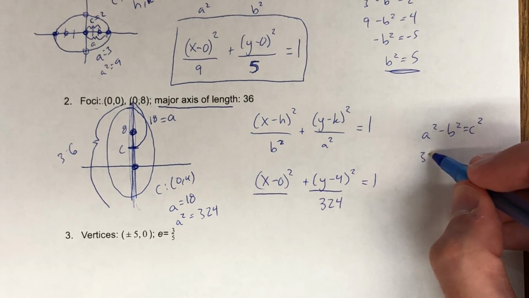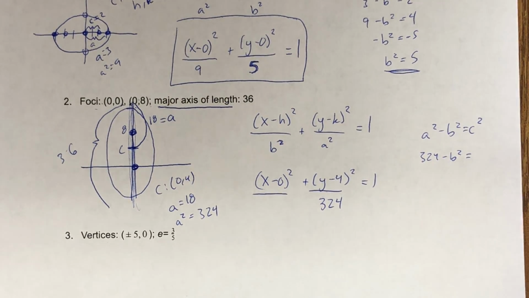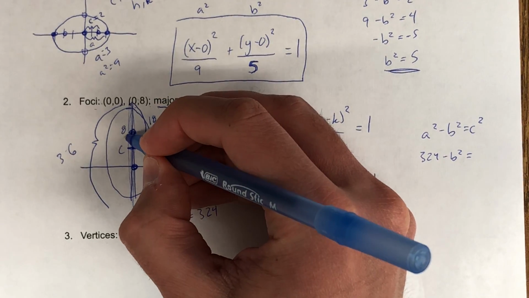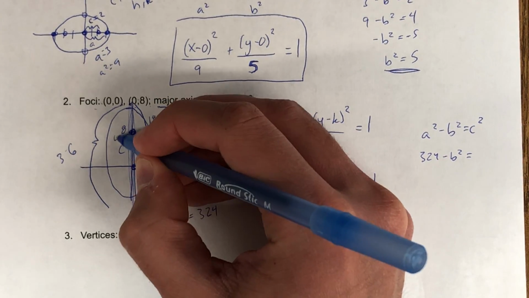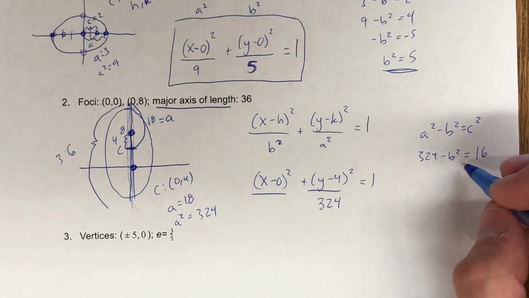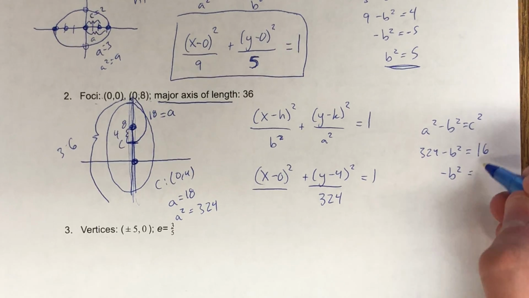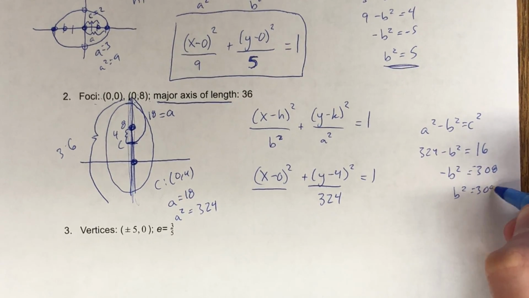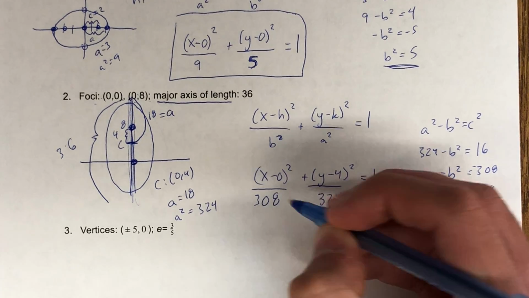We know a squared is 324. Our c value is the distance from our center to one of the focal points, which is just 4. So c squared would be 16. Subtract 324 from both sides, we get negative 308. So b squared would be positive 308. And there we go.